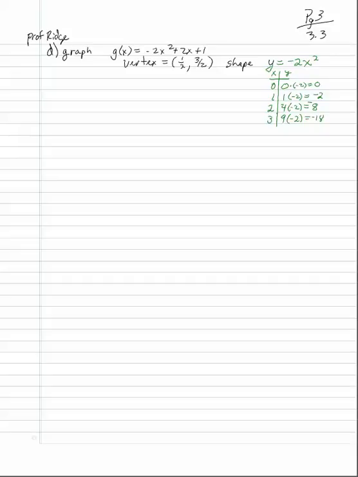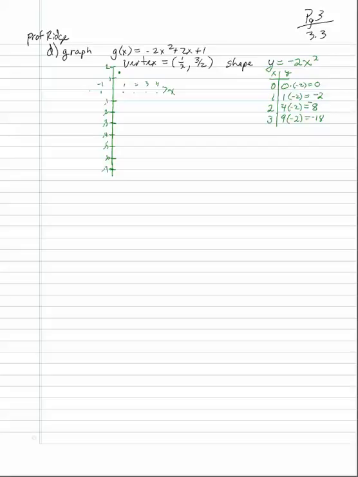Okay, so now we're ready to graph. Let me draw my graph. Okay, so we're going to go where the vertex is (1/2, 3/2). So halfway between 0 and 1, and halfway between 1 and 2. It's right there. Now remember, this is going to be my pretend origin.